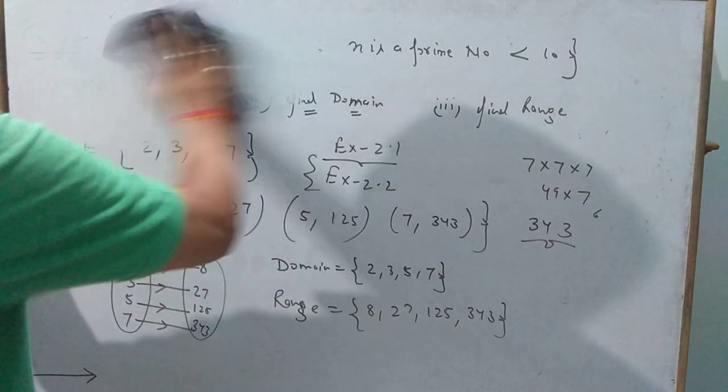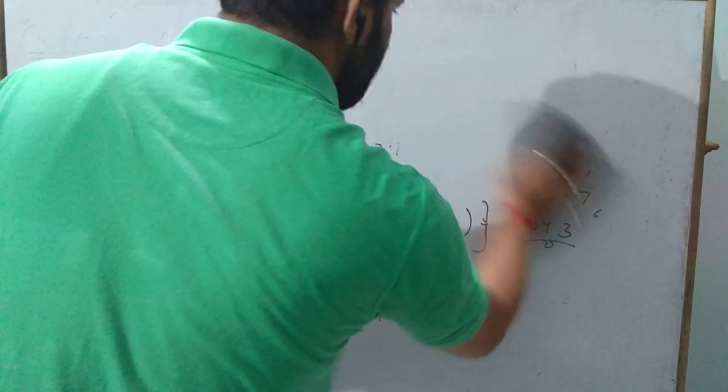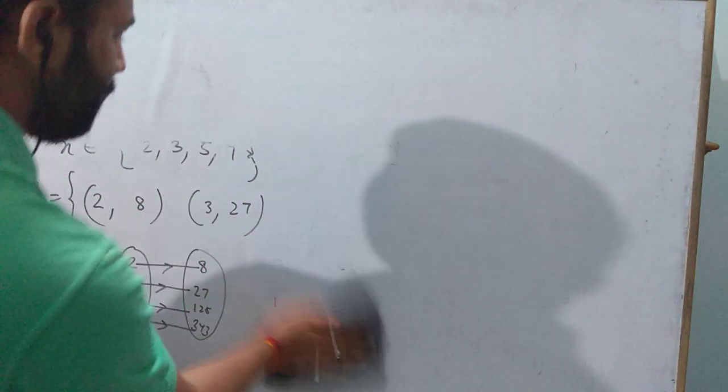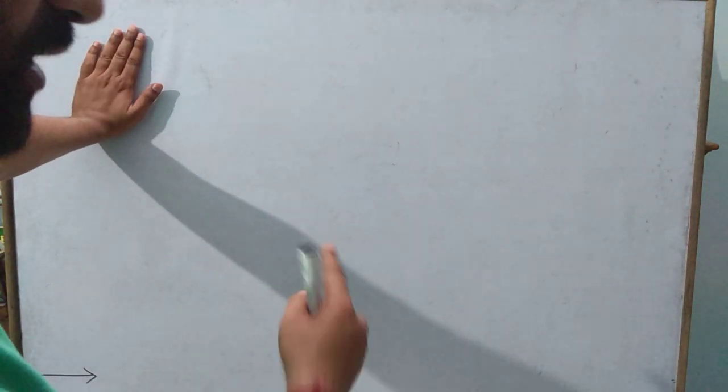Now suppose a relation is given. First of all, in which form is it given? It is given in set builder form, and we are writing it in roster form.